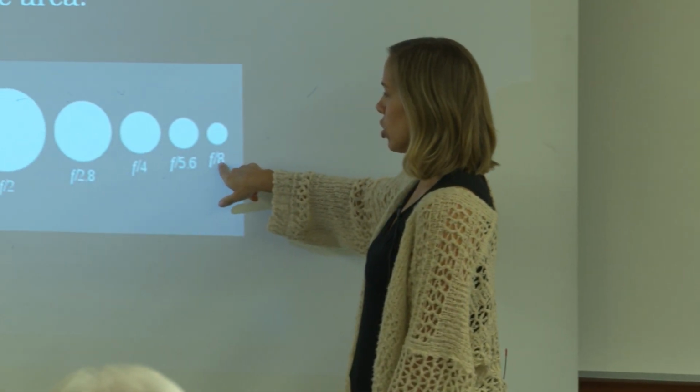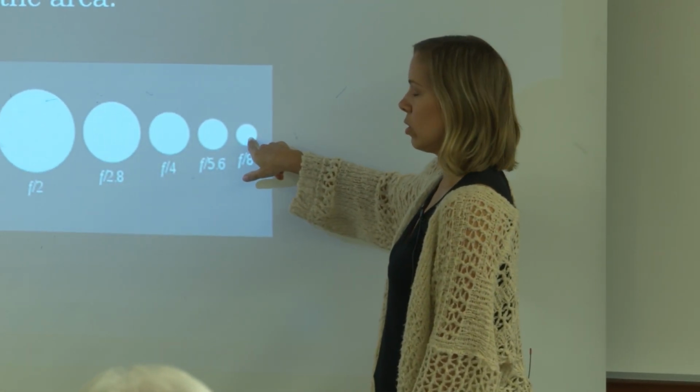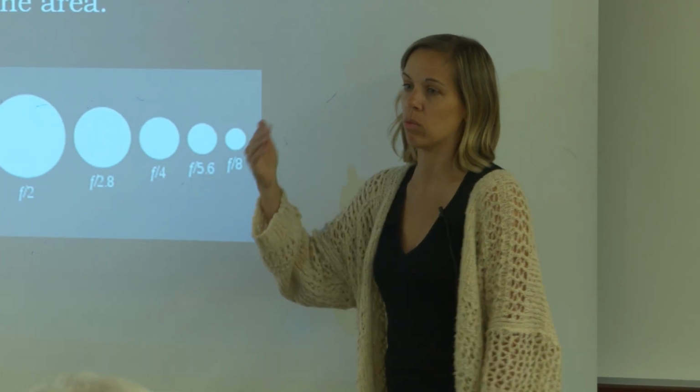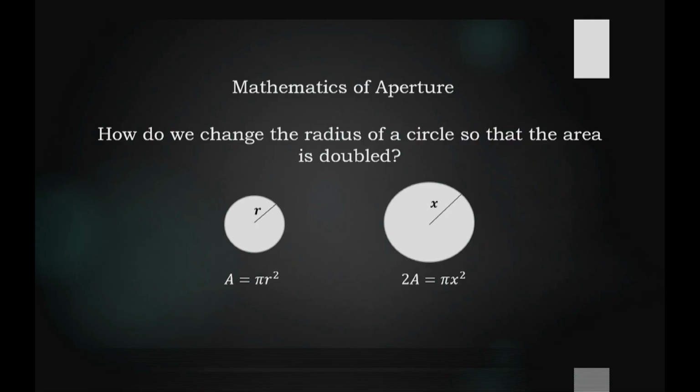So in order to change that diameter each time, we have to affect the radius of the circle, okay? Because that is directly related to the diameter. So how do we change the radius in order to double the area each time?